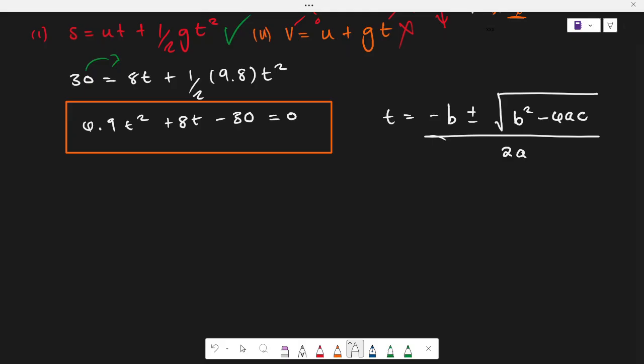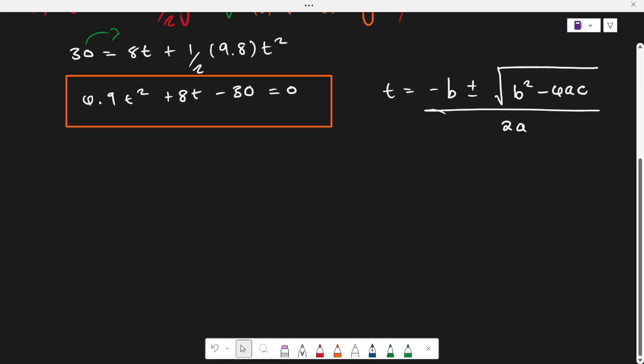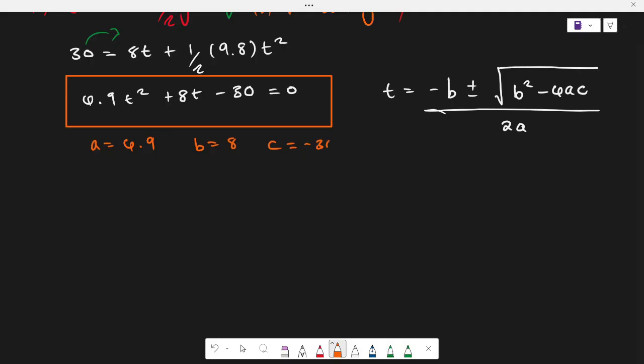I don't know if you know that method. Our a value is going to be 4.9, our b is going to be 8, and our c is going to be negative 30.